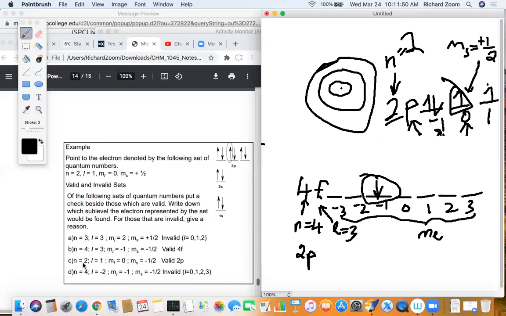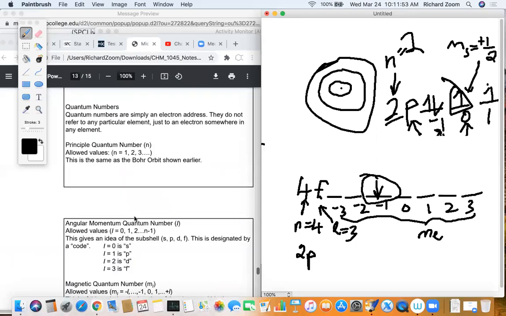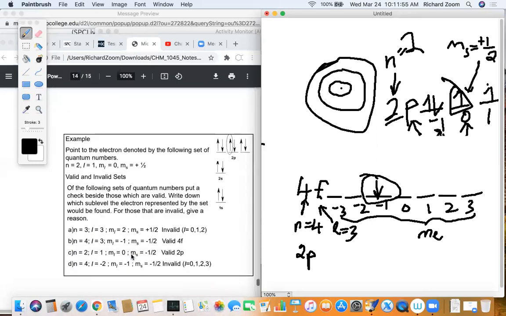So 2 for the n value, L equals 1 is p. The m sub L can go from negative L to plus L, which is negative 1 to plus 1, which is going to be 3 possibilities here. The m sub L equals negative 1, that would be this specific one. And the m sub S is negative 1/2, which would be an electron pointing downwards like that. So that would represent that specific electron. Does anybody have any questions?